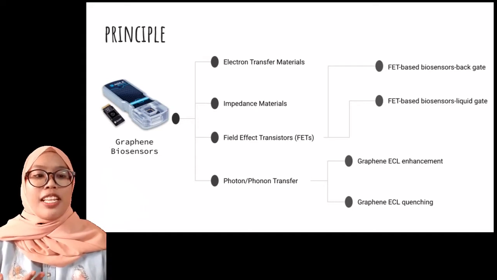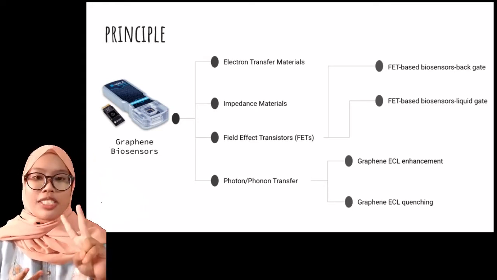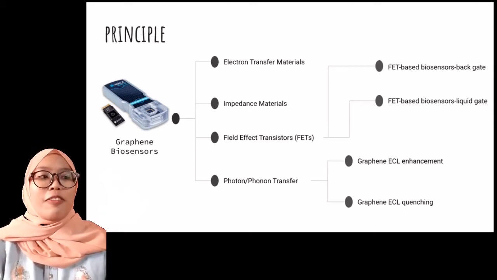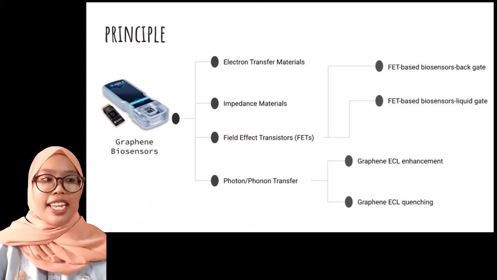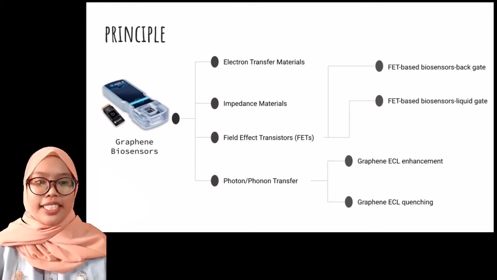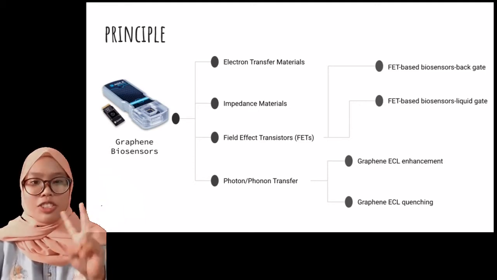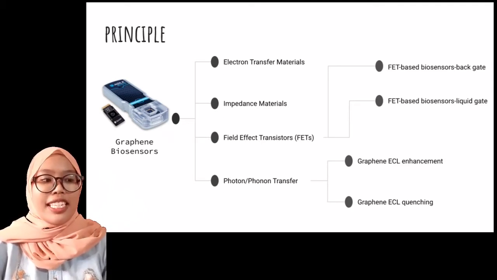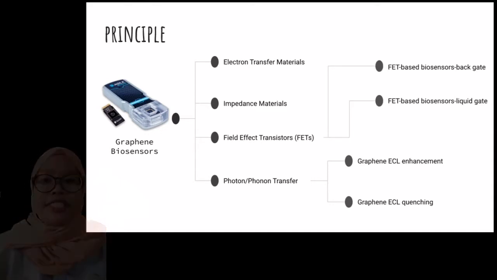For the field effect transistor, we have 2 types of field effect transistor, which is FET-based biosensor backgate, and another one is liquid gate. For the photon-phonon transfer, we have 2 types. First one is graphene ECL enhancement, and the second one is quenching.